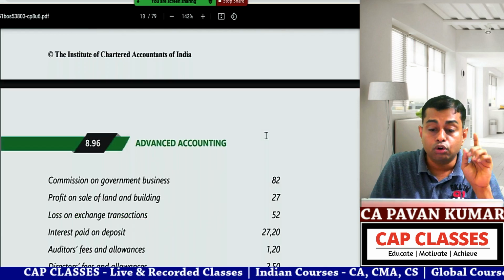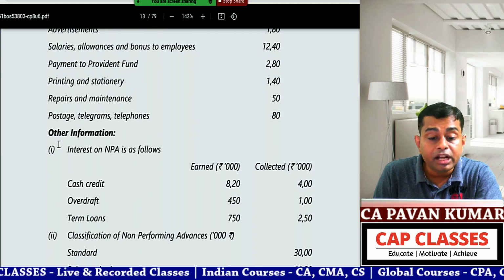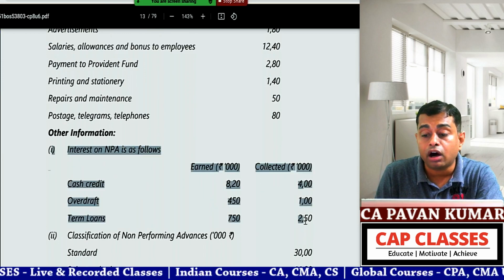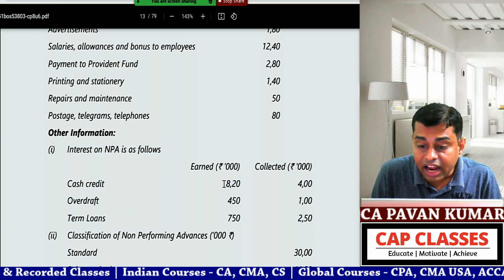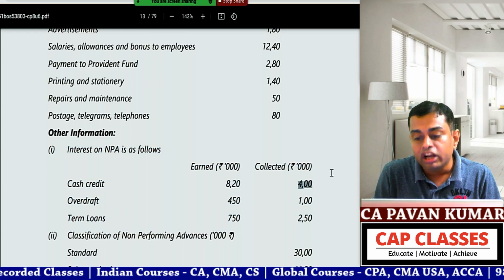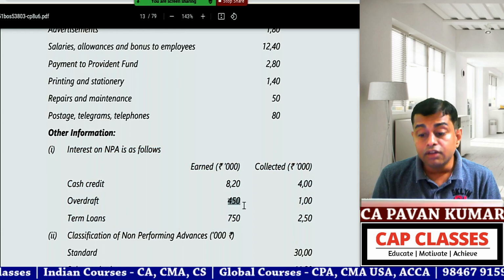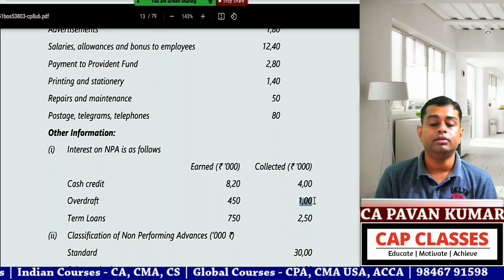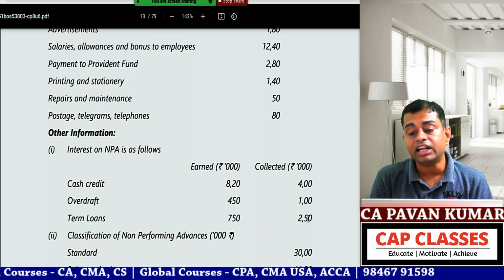Now look here. In the question, they said, other information, interest on NPAs is as follows. Cash credit earned 820, collected 400 only. Overdraft earned 450, but collected 100 only. Term loans 750 earned, but collected 250 only.